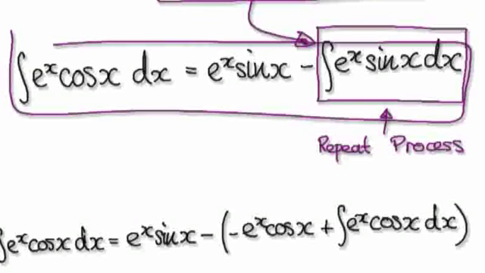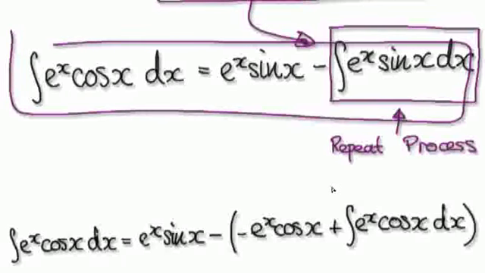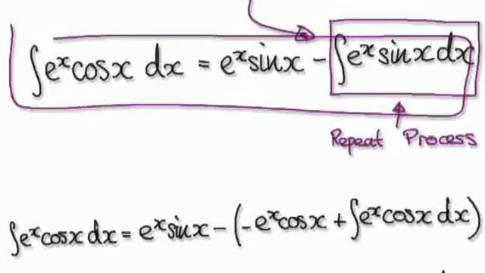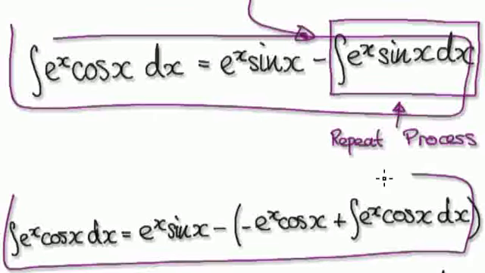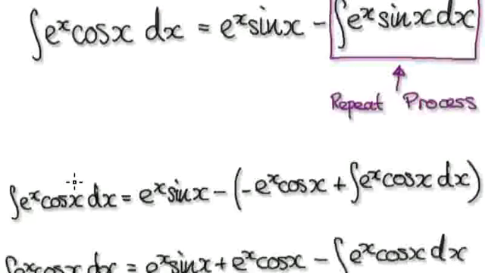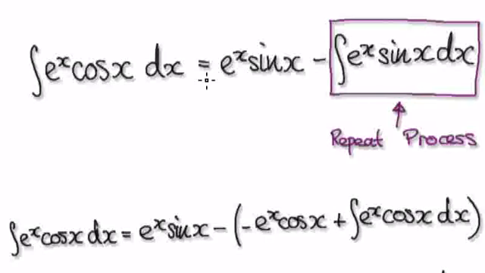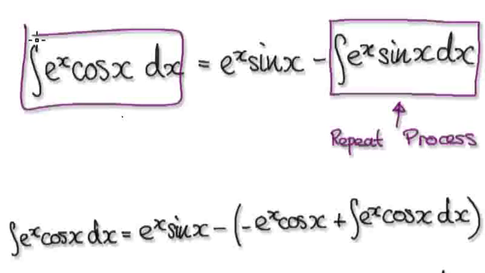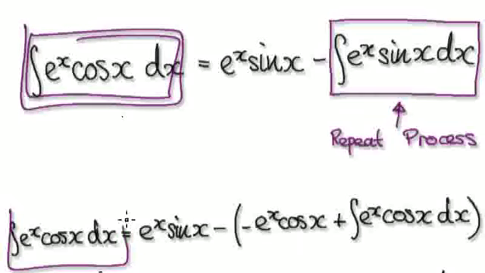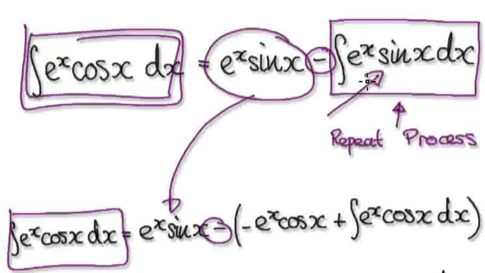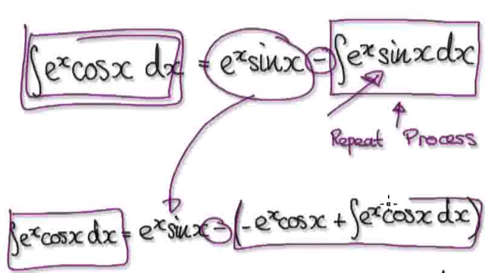It will become this. Now tidy this up. Earlier we were here. This is what we were trying to find out right from the start. So that's this bit here, and this bit here is this bit here, and then you've got your minus, and earlier we worked this out to be this.